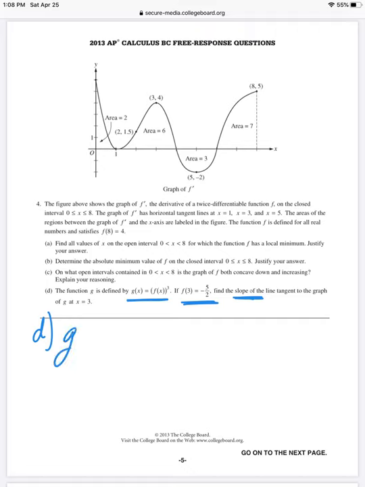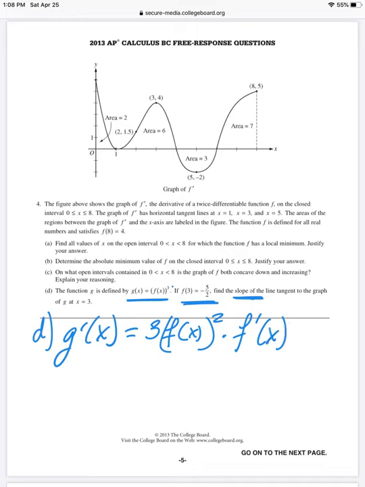It is derivative. So I have to take the derivative of g of x. Well, the derivative of g of x, this is a chain rule, right? So derivative of the outside, that's x cubed, the 3 comes down, and then it's going to be f of x squared times the derivative of the inside. The derivative of f of x is just going to be the derivative of f of x.